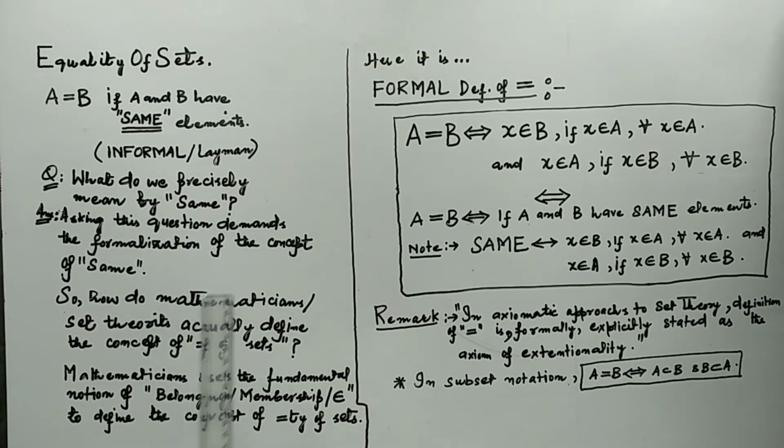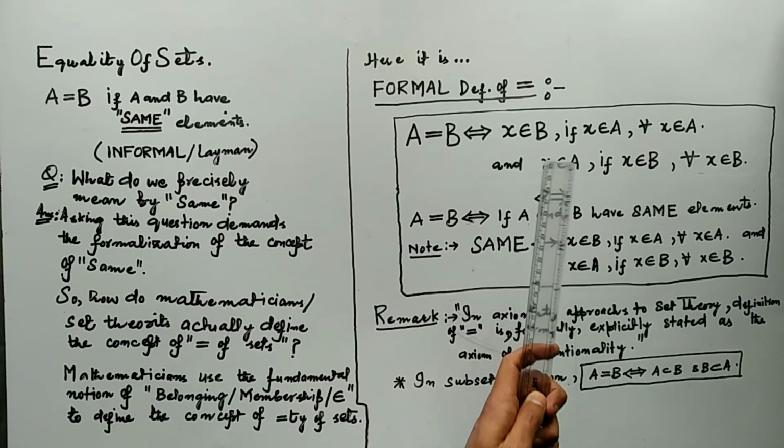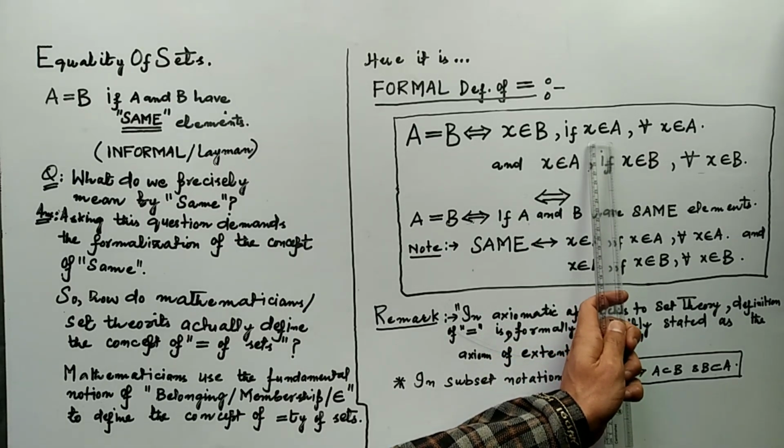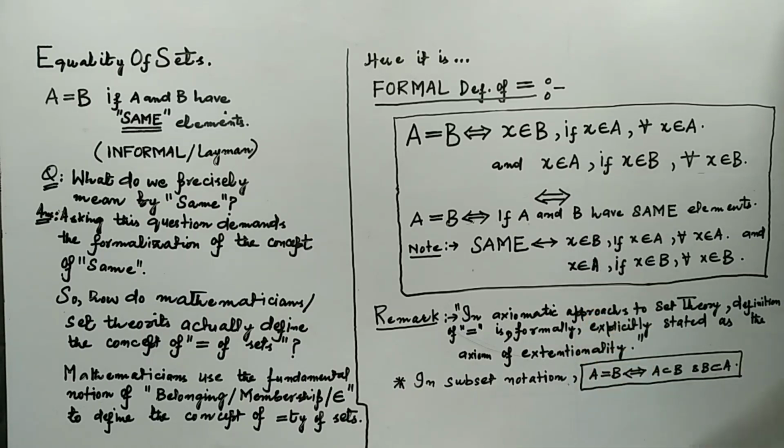You should note here one thing: in complete axiomatic approaches to set theory, the concept of membership or belonging is actually a primitive concept. So, I am assuming that you have at least an intuitive feeling of what it means for an element to belong to another set, and that you are comfortable with this symbol.